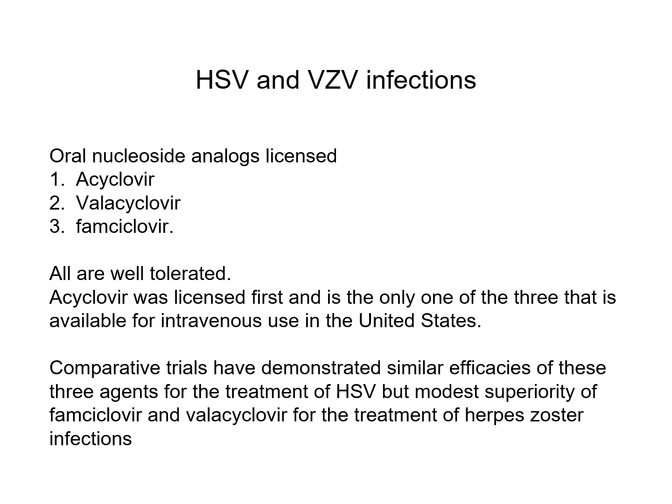Now, talking about acyclovir, it was the first drug of these three to be licensed. It's also the only one available for intravenous use in the United States. It's typically used for more severe or complicated infections, such as infections in immunocompromised patients or in cases of disseminated herpes infection.